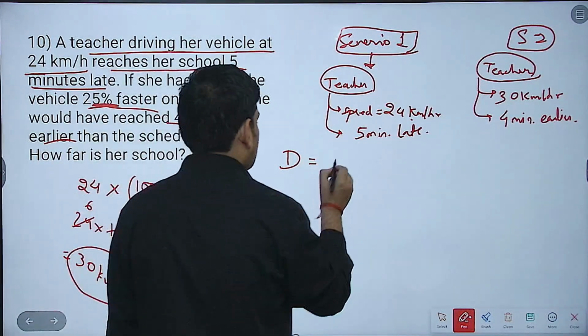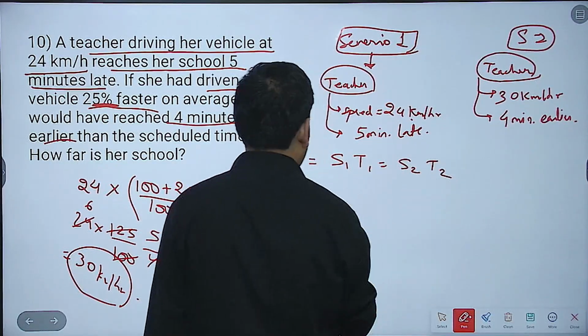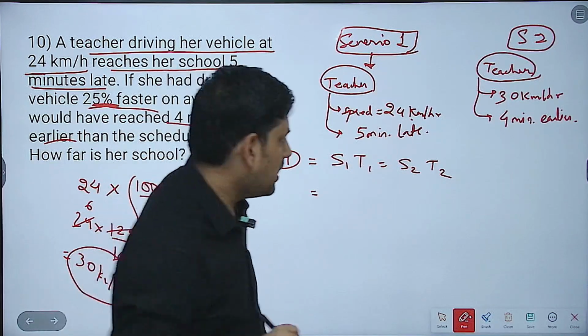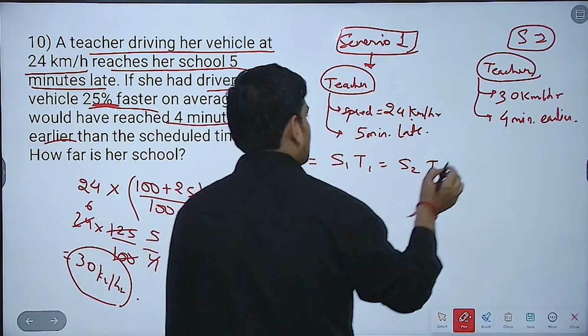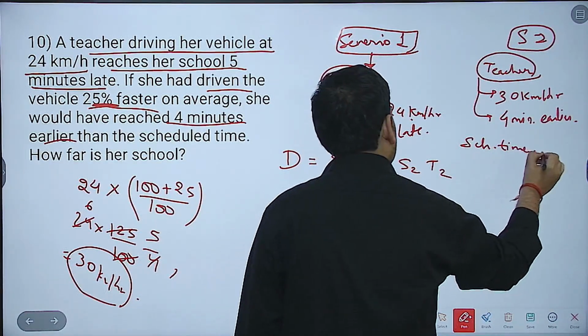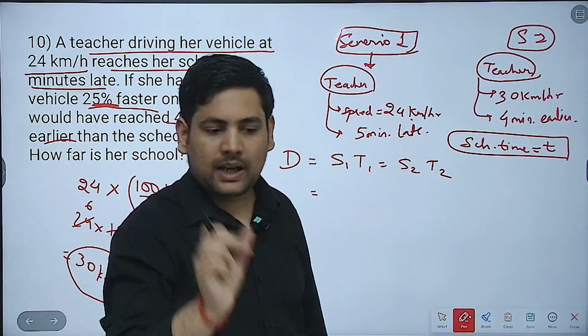So distance is equal to speed 1 time 1 is equal to speed 2 time 2. Now what is speed 1? Speed 1 is 24 kilometers per hour. Now time, understand how we take it. We always take the scheduled or correct time to be t.